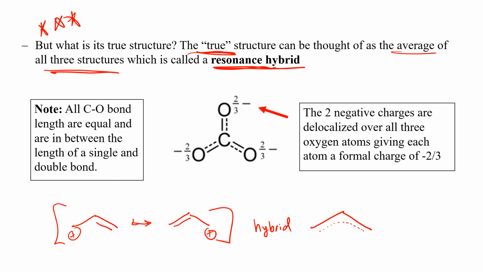All right, instead of full charges, we have partial charges. That would be a partial positive and a partial positive. So what the hybrid does is it shows the average of our resonance structures, and it more accurately portrays where the electrons are.